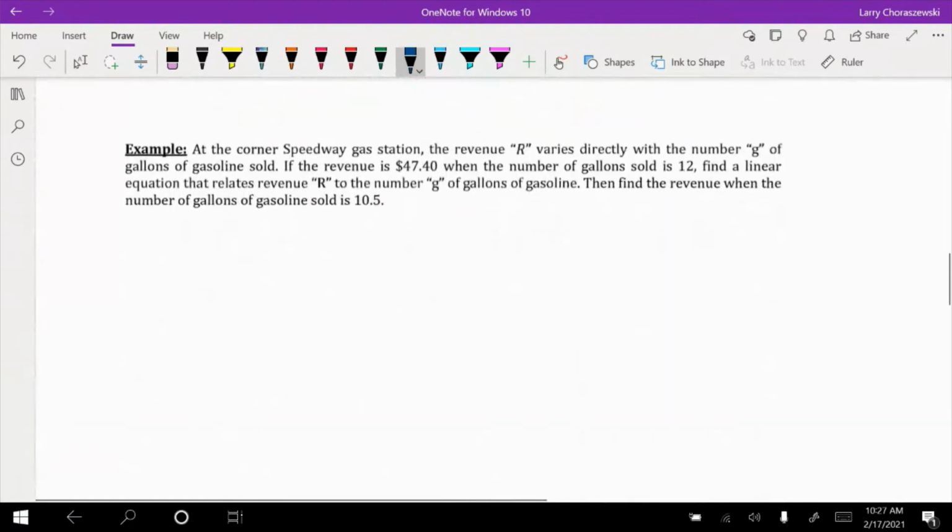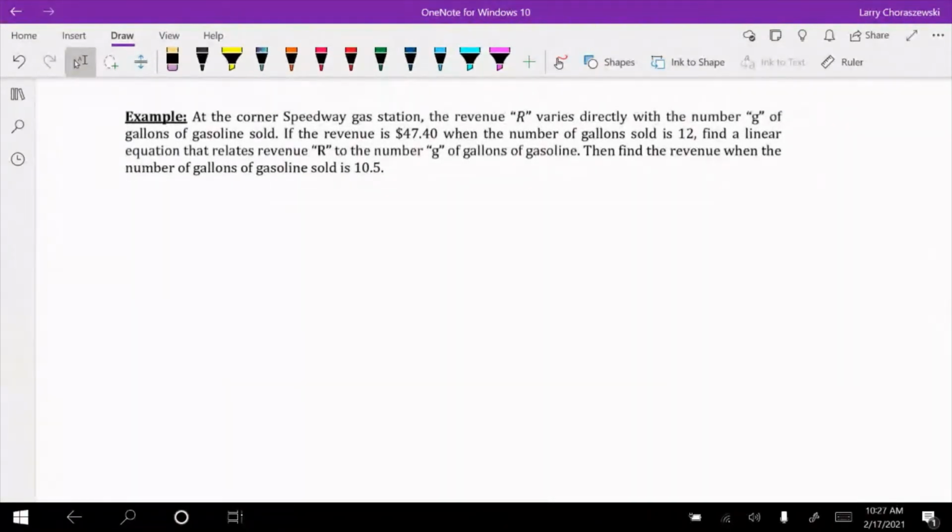Now we won't be working with pizza examples, unfortunately, in the rest of the notes, but we do have some examples coming up that are more of those quote-unquote real-life type examples. Let's start with this one. At the corner Speedway gas station, which has great coffee, by the way, the revenue R varies directly with the number G of gallons of gasoline sold.